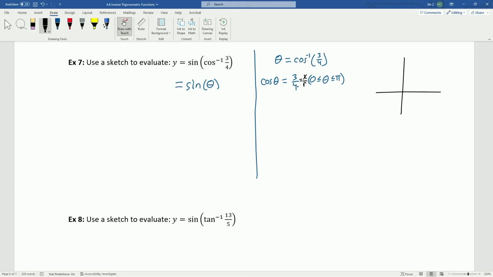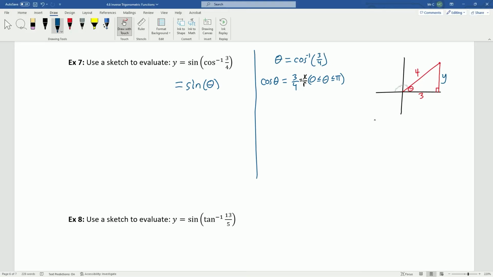So we've got 3/4 here, and cosine is positive. So since I'm between 0 and pi, but cosine is positive, that means that my angle has to be in the first quadrant. And here my r value is 4, and my x value is 3. And what I need to figure out is what y is, because I want to find sine of this angle, right? This is theta. I want sine of theta.